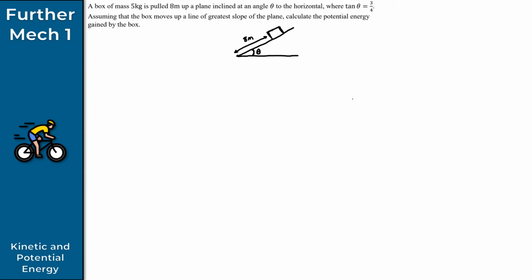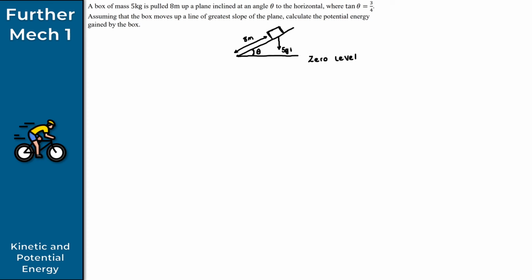And what I'm also going to say is, because I'm talking about potential energy here, that the ground is the 0 level, or is our 0 level, like so. I've also got the mass of the particle, so I've got the weight acting directly downwards. That's 5g.